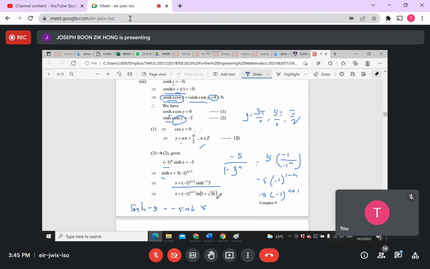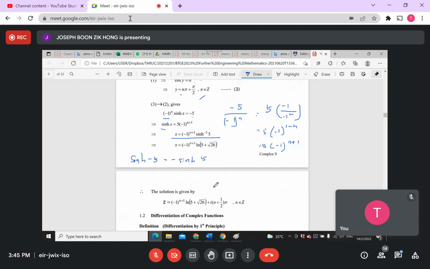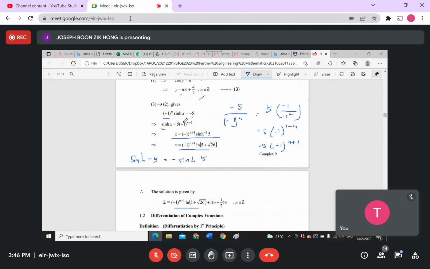Oh, okay. This is sine hyperbolic. If you want to change to ln, sine hyperbolic, let me have a look. How come they suddenly change here? This one is just simple. This is because here is x and then plus i times the argument, that means plus i of y. And what is your y? It is n pi plus pi over 2, which is this one.